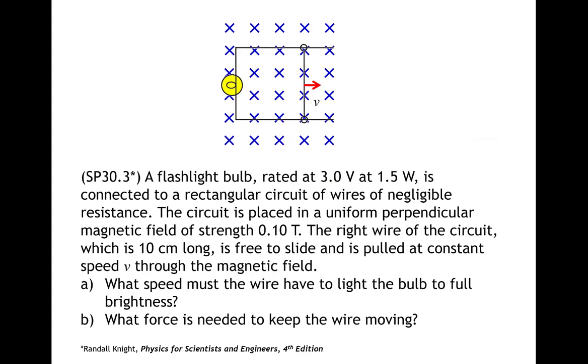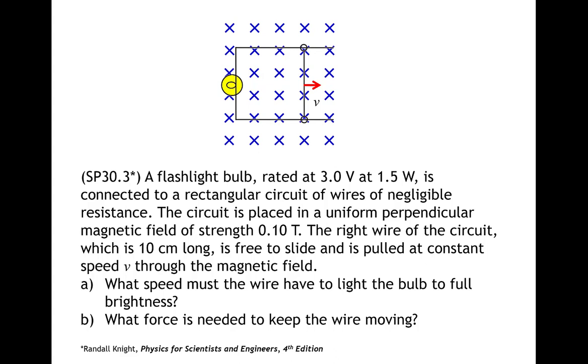A flashlight bulb rated at 3.0 volts at 1.5 watts is connected to a rectangular circuit of wires of negligible resistance. The circuit is placed in a uniform perpendicular magnetic field of strength 0.10 Tesla.